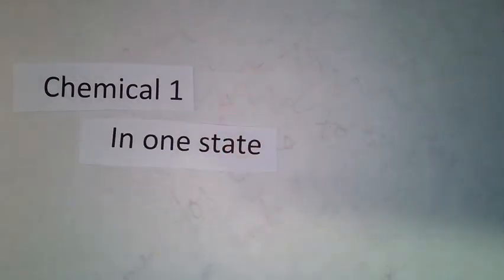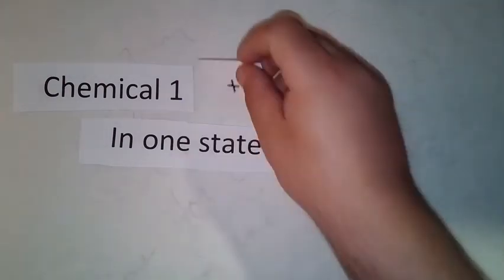We do not use word equations for physical changes, mainly because in a physical change, you're going to have a chemical 1 that's going to be in one state, and then you don't have anything to plus to it.